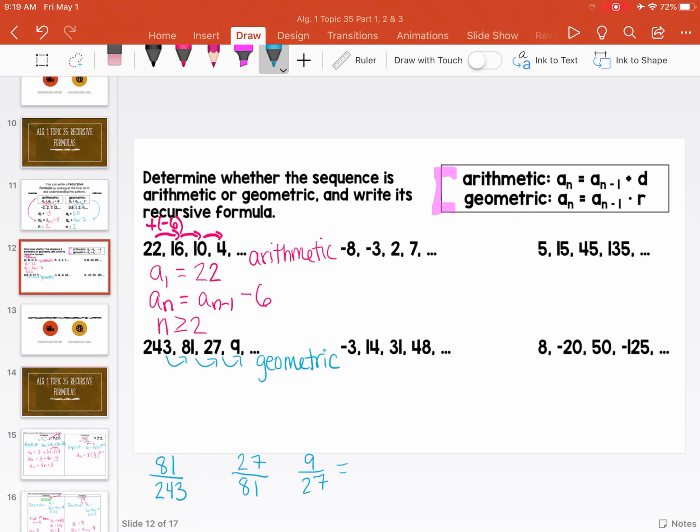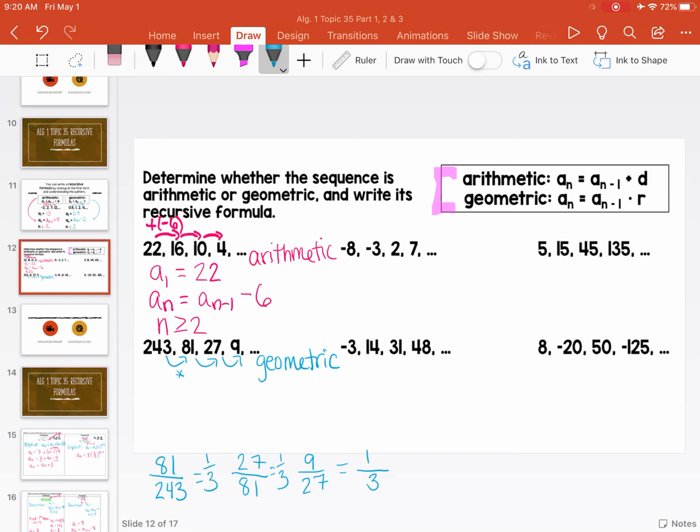Now 9 divided by 27, how many times does 9 go into 27? 9 goes into 27 3 times, and since 3 is the bigger number and it's located on the denominator, that's where I'm going to write my 3. Same thing with 27 over 81 and 81 over 243.